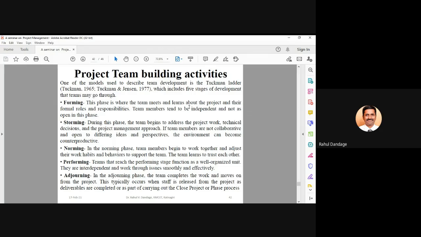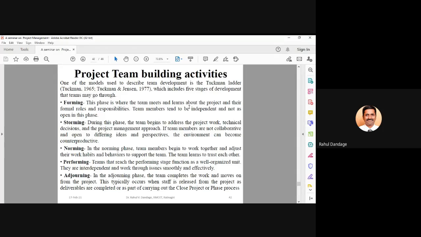After forming and storming, the next activity is norming. In this norming phase, the team members will begin to work together and adjust their work habits and behaviors to support the team. In this phase, the team learns to trust each other.